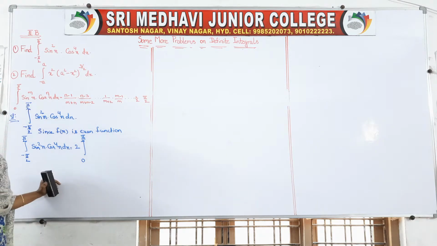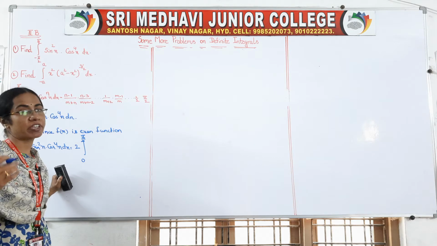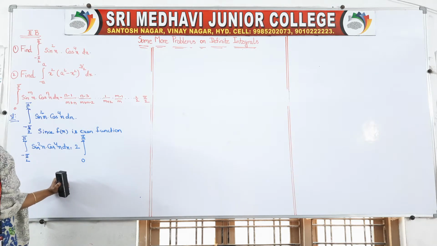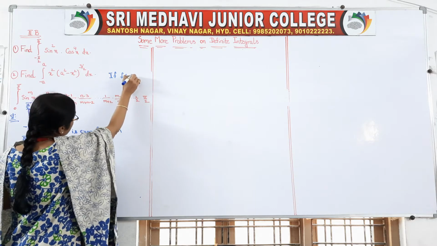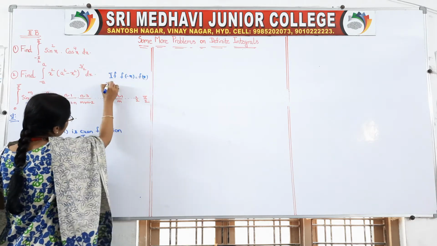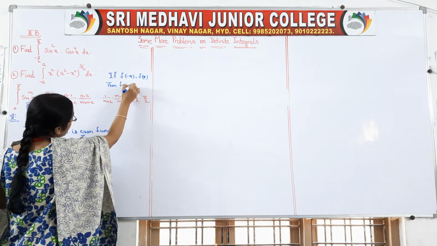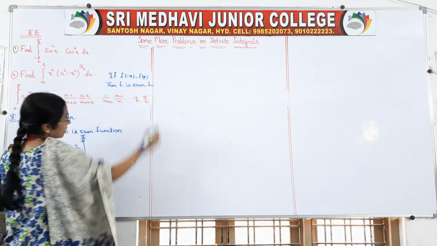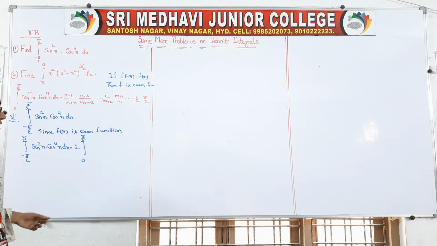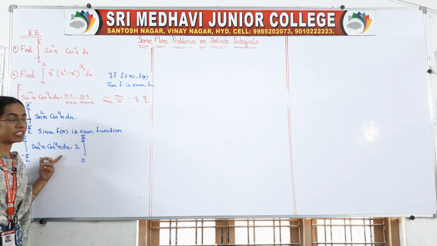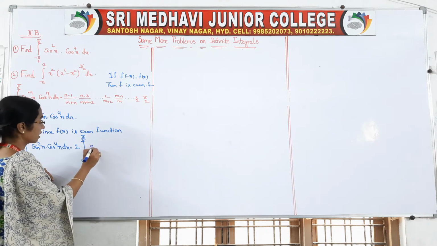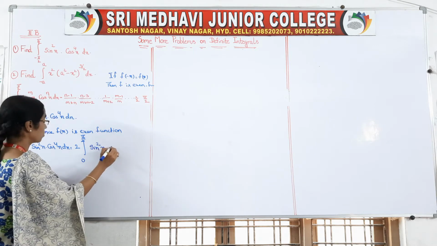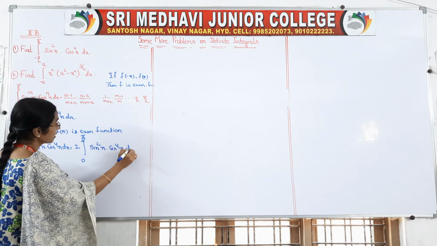Already I told you, for an even function, if in place of x we substitute minus x, after simplification we will again get f of x only. If f of minus x is equal to f of x, then f is an even function. That is the condition for an even function. So definitely here the function is even, so it is 2 times the integral from 0 to pi by 2 of sin square x cos to the power of 4 x dx.